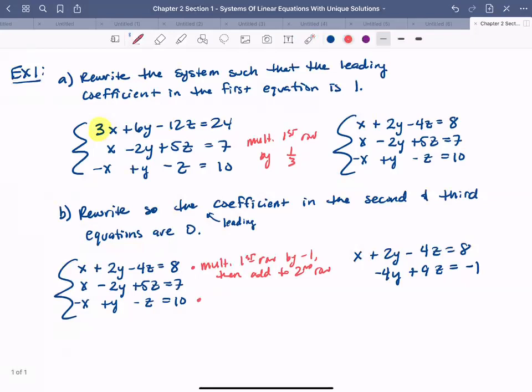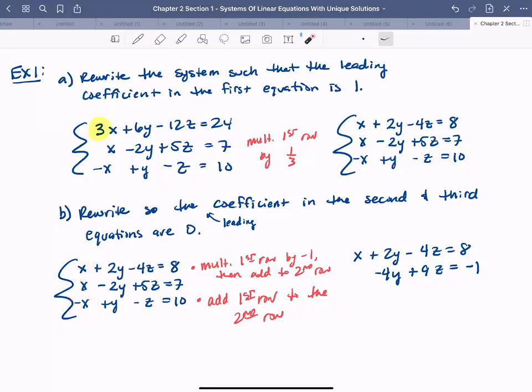So all we're doing now is adding the first row to the third row, just simply adding straight down. So x plus -x gives us 0.